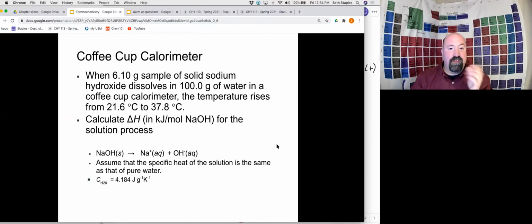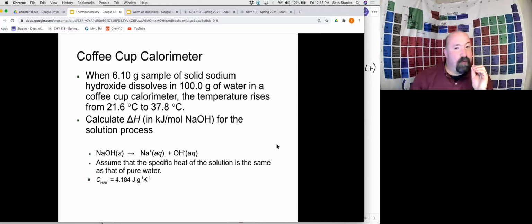So go ahead and try this one. We have 6.10 grams of sodium hydroxide dissolving in 100 grams of water, and we see that the temperature rises from 21.6 to 27.8. We want to calculate the delta H, the enthalpy for this solution process.